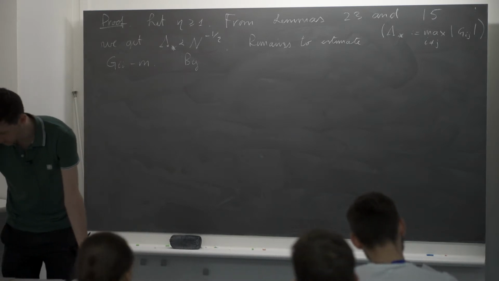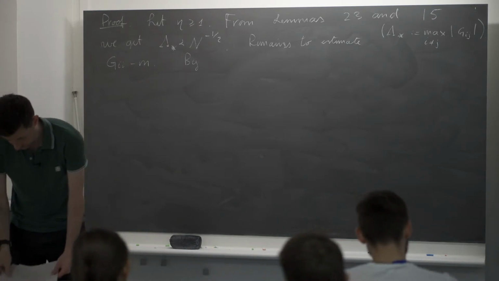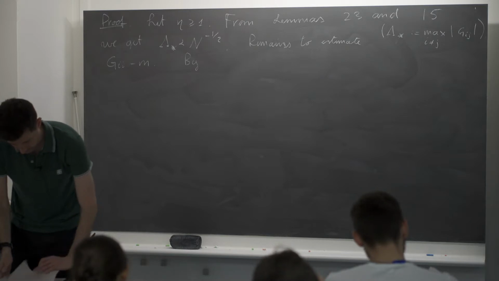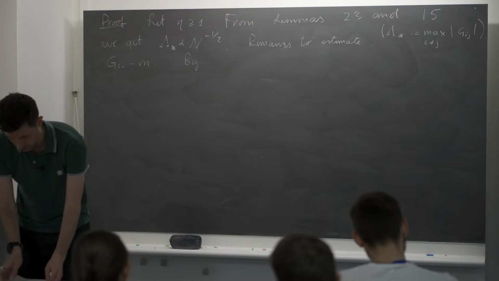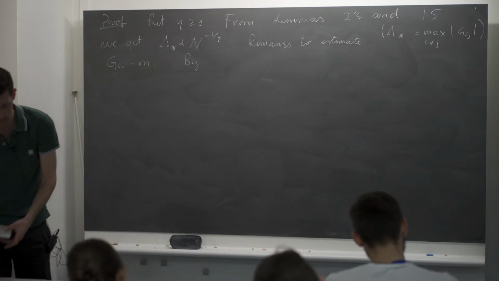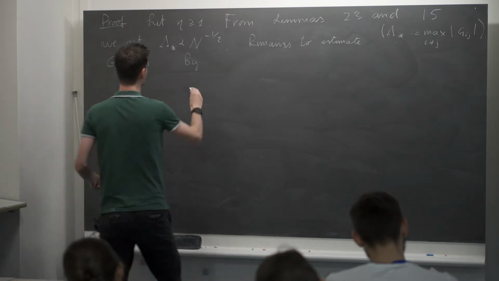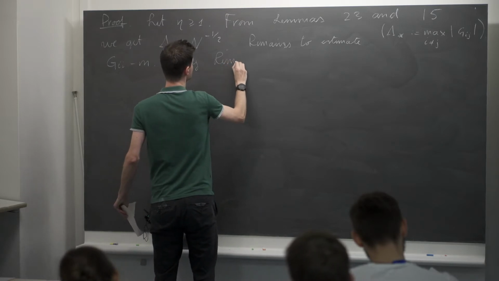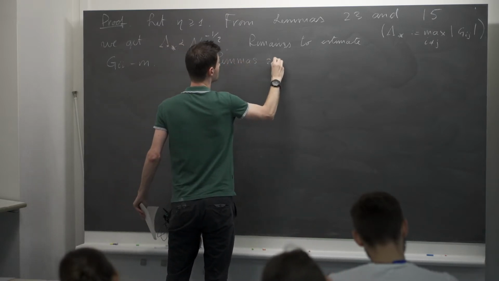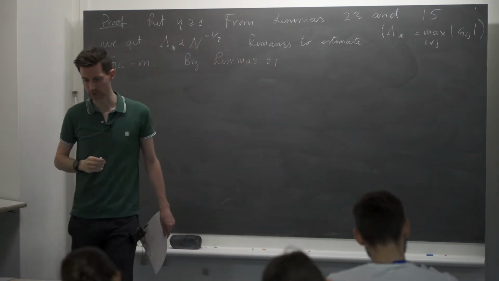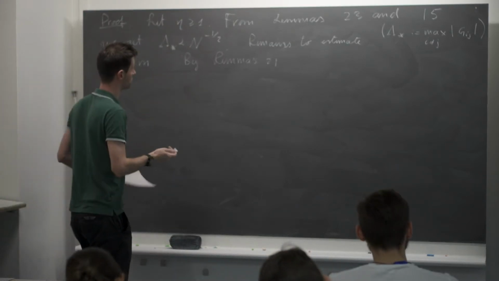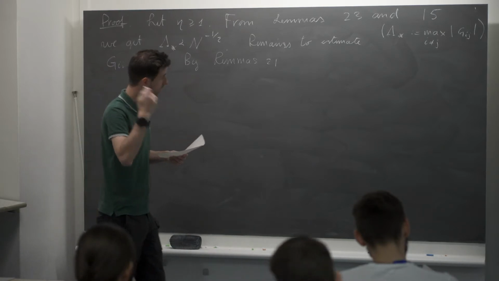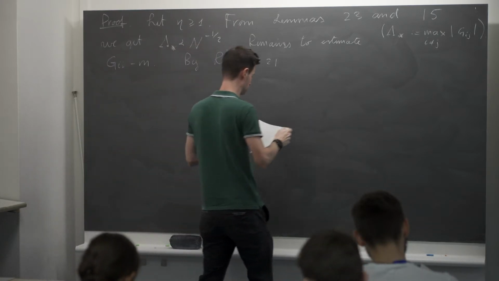Well, one uses the Schur complement formula, which, if you recall, was in lemma 21, I think. Yes, lemma 21 was an immediate consequence of the Schur complement formula, which gives an algebraic expression for G_ii in terms of various other quantities, some of which were error terms that we estimated in lemma 23.